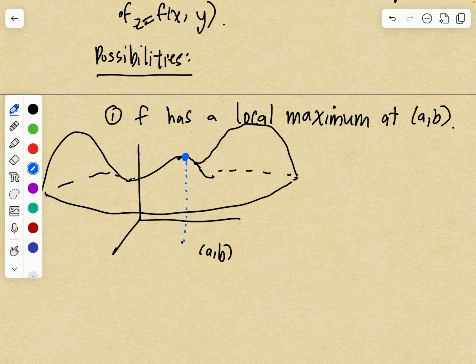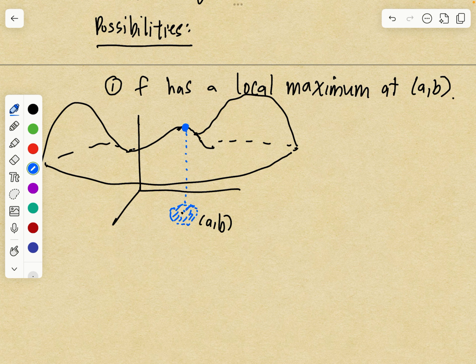If you look at the immediate vicinity, all the x y's here, when you plug those values into your function, the one at a comma b is the biggest value of the function. So that's what local maximum means.